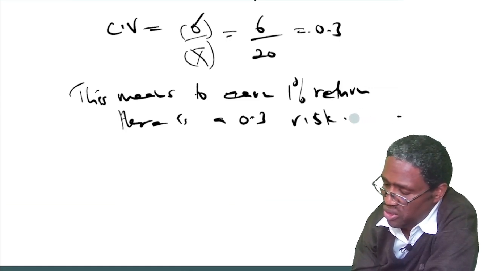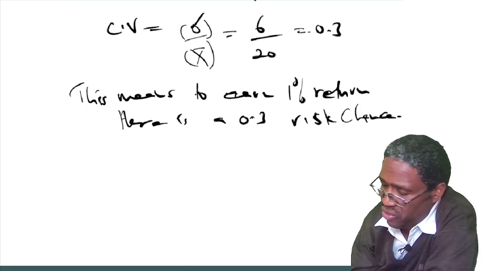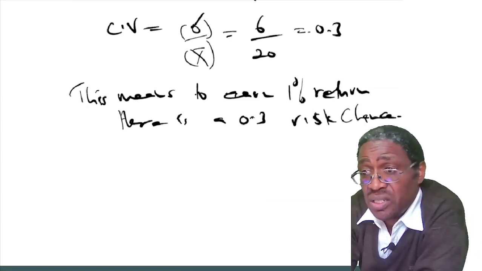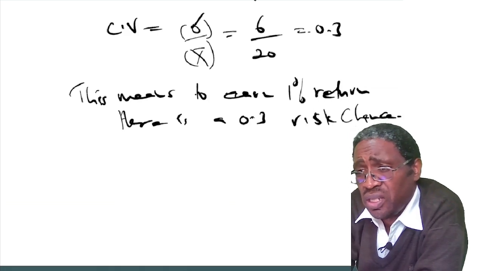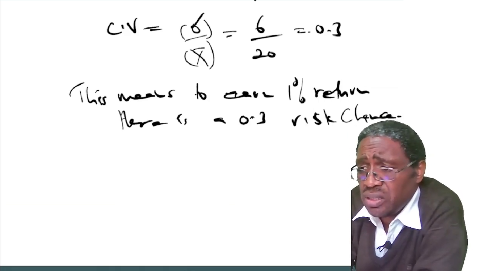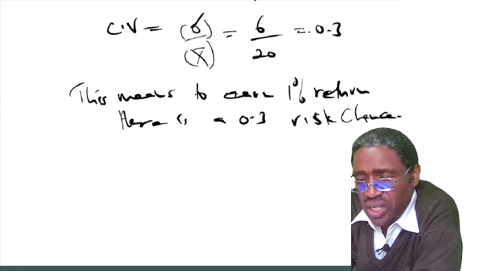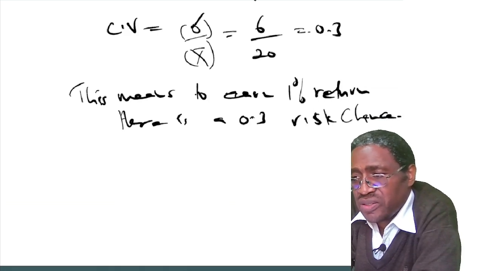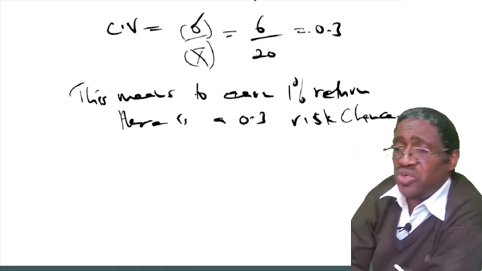There is a 0.3% risk chance for you to earn 1%, which is the denominator. Okay? Good. I think now we can stop there for today.